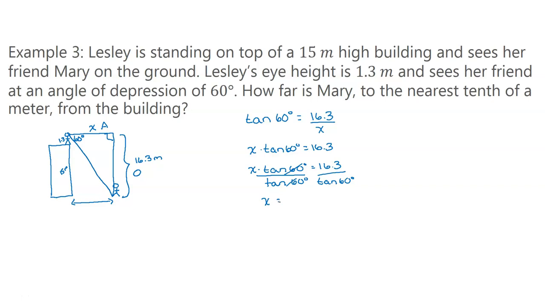And when I divide 16.3 by tan 60 on the calculator, I get 9.4. So we can say that Mary is 9.4 meters away from the building.